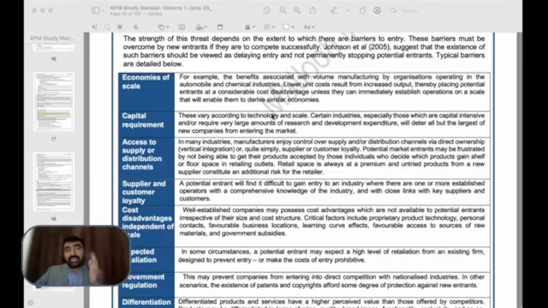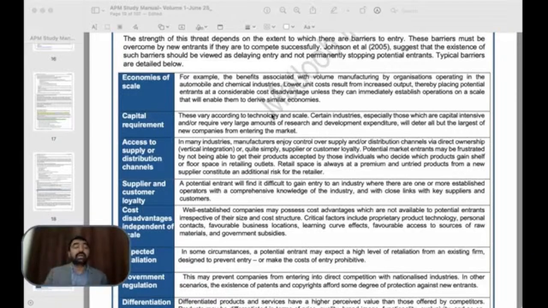Because if a business is at economies of scale, their average cost would be at the lowest level, and they would be in a position to charge lower prices because of their low cost structure. But for the new entrant, it would be difficult to achieve that cost level in the beginning because they have to establish first.